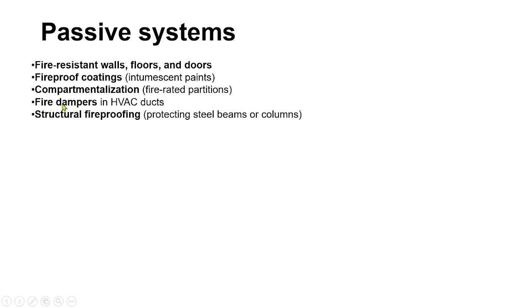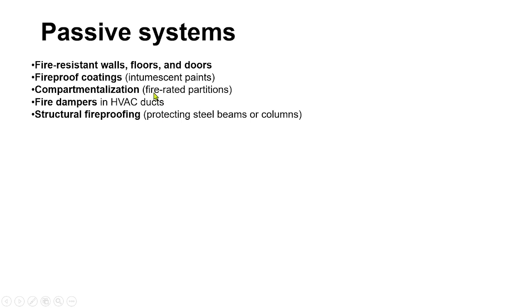Our fourth one is the fire damper, which is installed in the HVAC ducts. During the fire, these HVAC ducts can spread smoke in the building. So that's why we need fire dampers and smoke dampers also. Both have different functions. So we need these dampers in ducts.